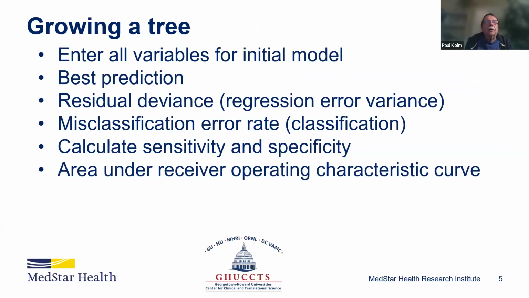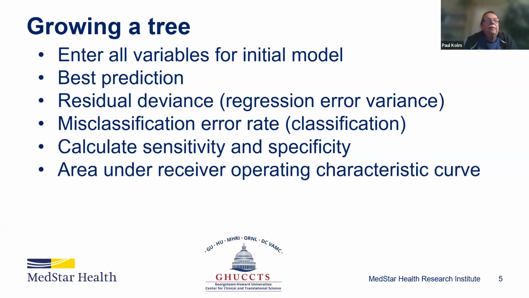So if we have a large number of variables, say 50 variables that we're putting in the initial model, it is going to use all of them, although there is a caveat to that, which I'll explain later on in an example. And there are two statistics that are going to tell us how well our model does.